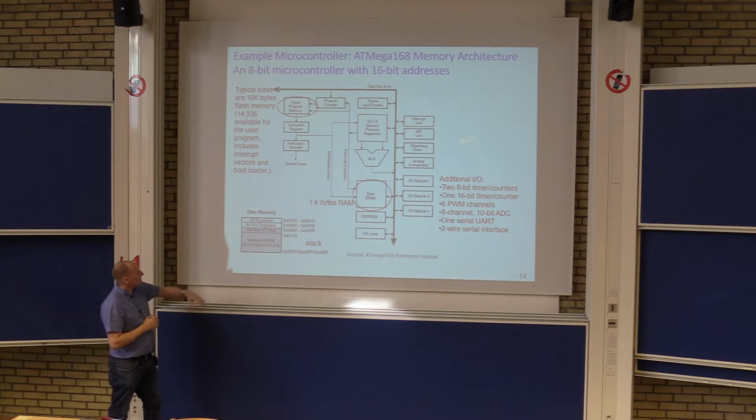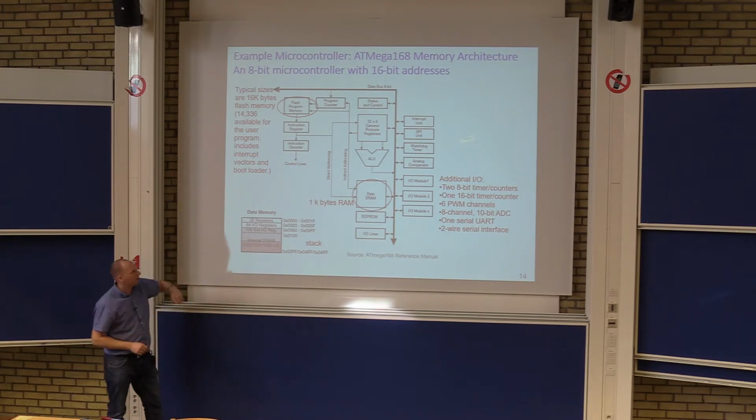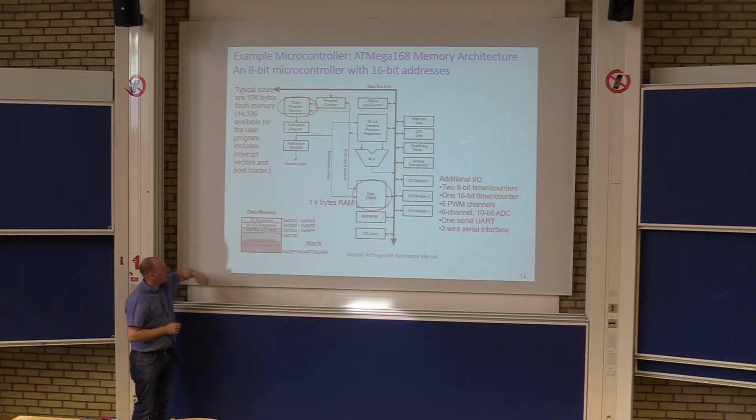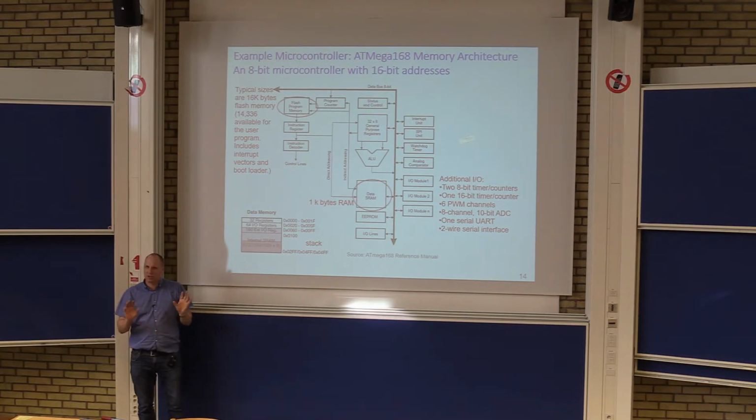And the stack is something that can grow from the bottom or from the top. That's decided by the architecture. But you allocate a certain part of the memory to represent the stack. The stack is an abstraction, sort of a queue, but on a stack you can only put things on top of it.